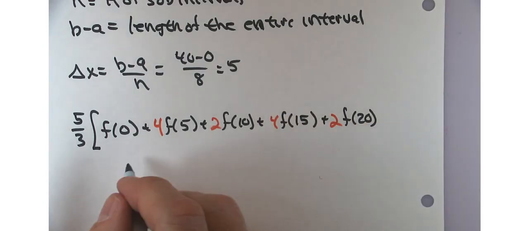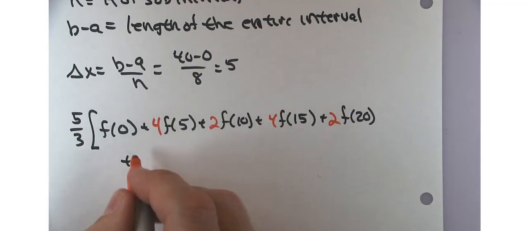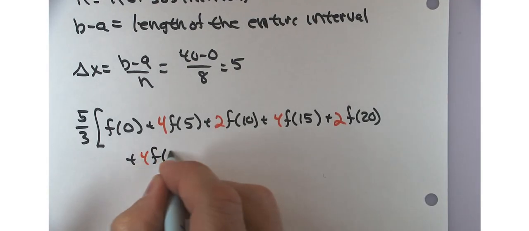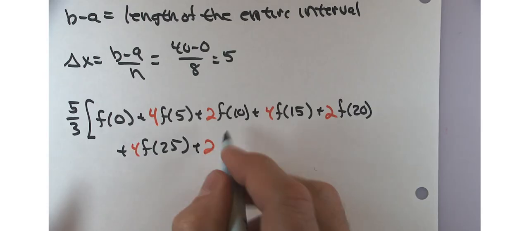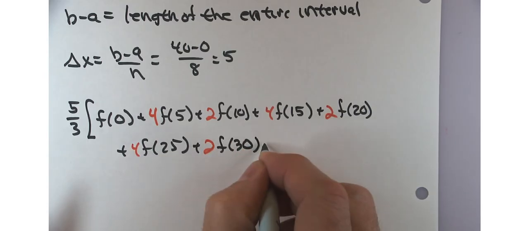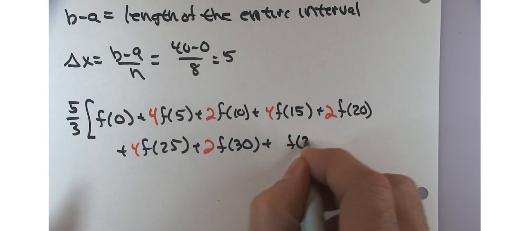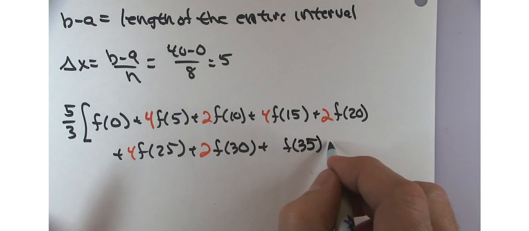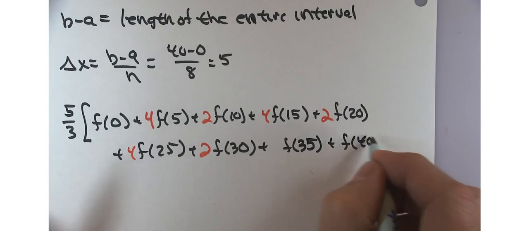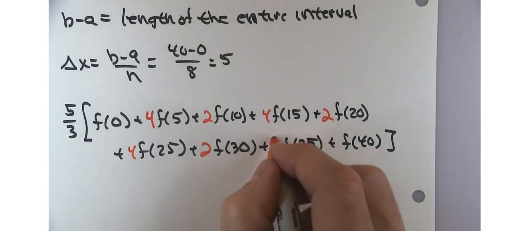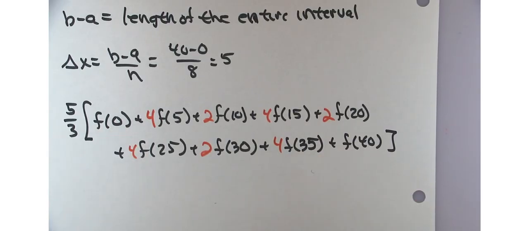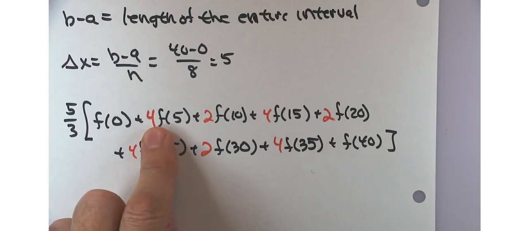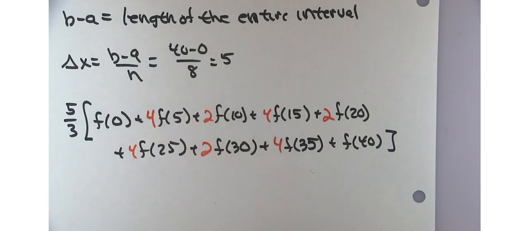Plus 4 times f of 25, 2 times f of 30, 4 times f of 35, and f of 40. So keep in mind that the pattern goes to the next to last, and doesn't include the first either. So pretty much we're going to be repeating our calculation from just a minute ago. It's just now that we've got 4s and 2s as opposed to a bunch of 2s.